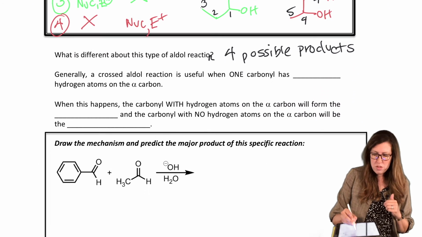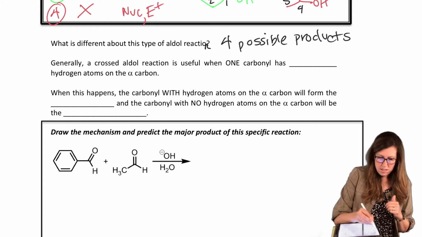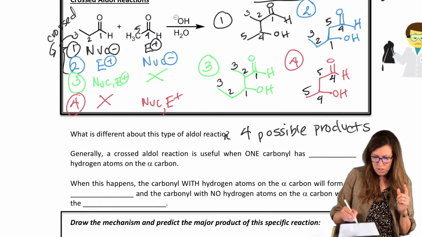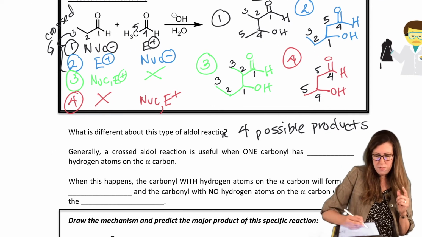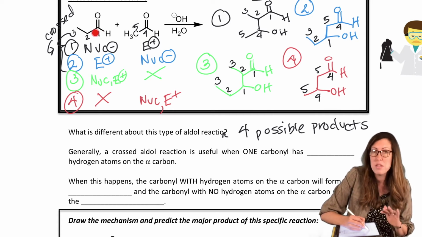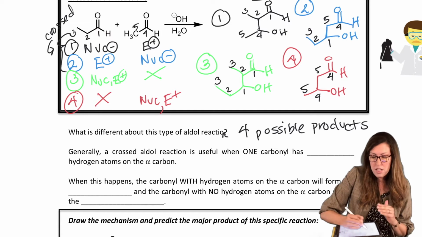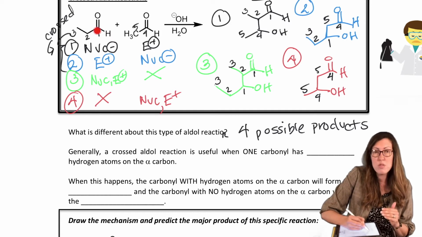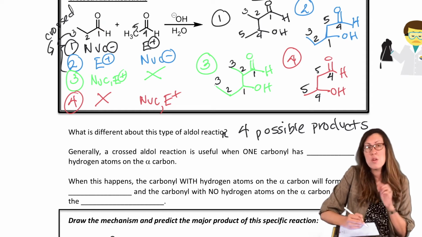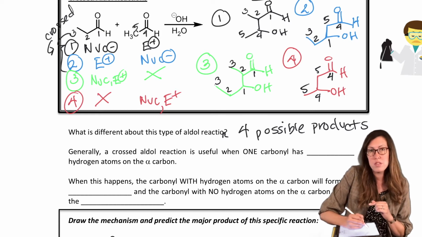Some ways to avoid having 4 possible products: suppose the trouble came from the fact that both of these could act as both a nucleophile and an electrophile. Can we control who gets to be the nucleophile? Because forming a nucleophile requires removal of an alpha H. How about if one of these 2 has no alpha H? That means the other one is the only one that could be the nucleophile.